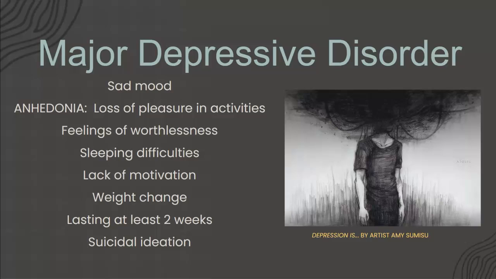Major depressive disorder, you're probably familiar with at least some. There's a sad mood, and then a term that may be new to you, anhedonia, which just means loss of pleasure in activities. Sometimes that term is used with people who are recovering drug addicts, who can no longer feel happiness because their body has kind of stopped creating dopamine, and they feel anhedonia.